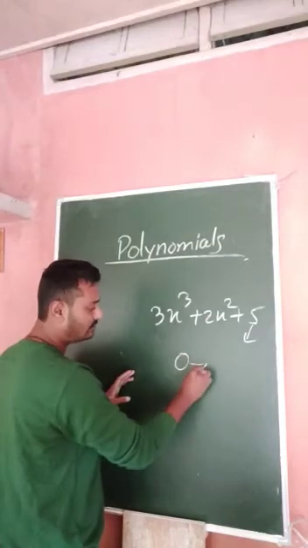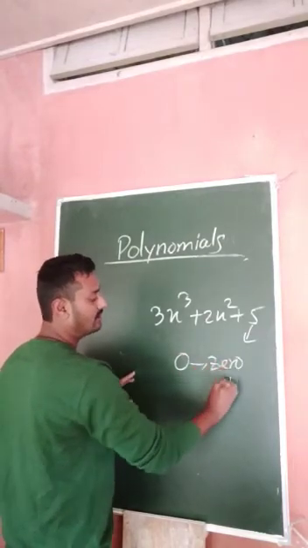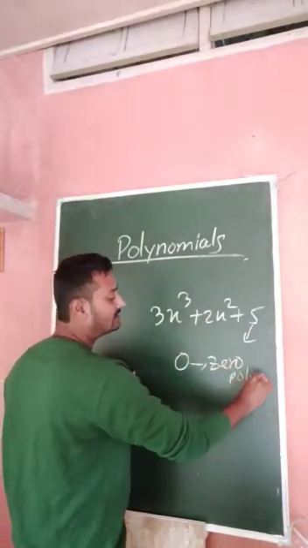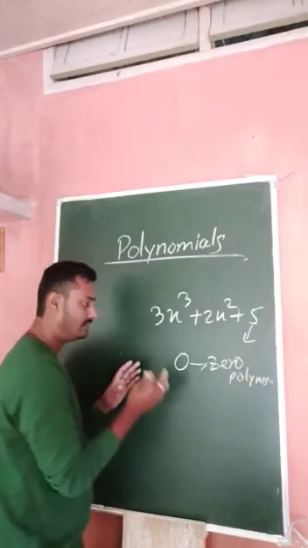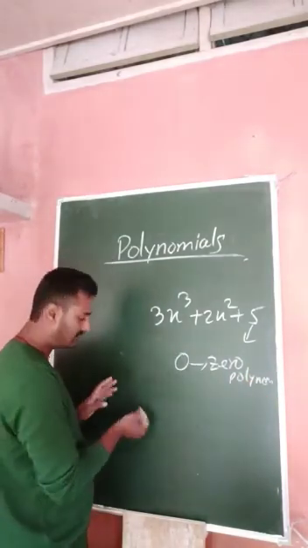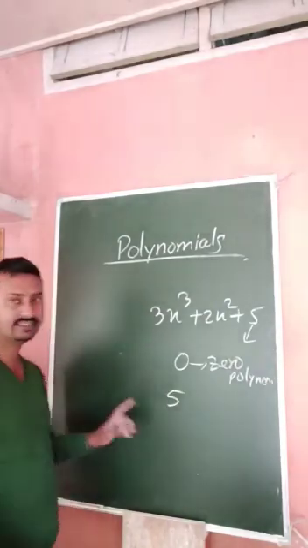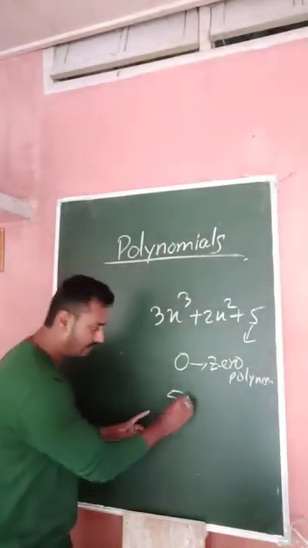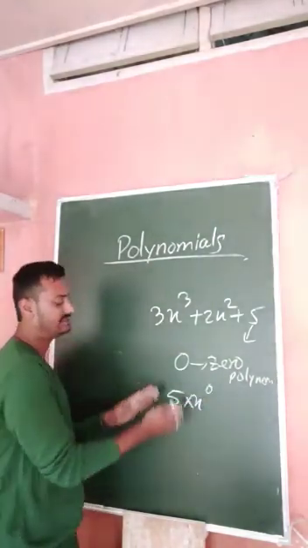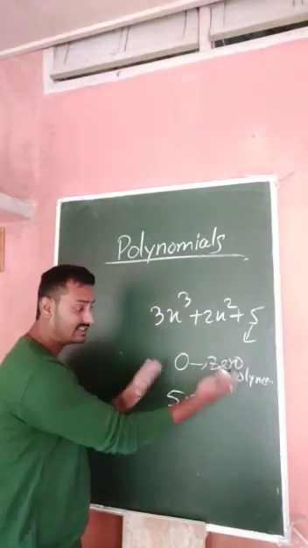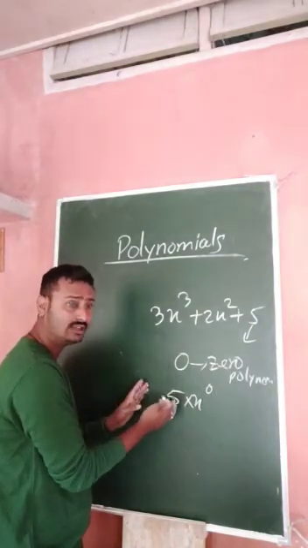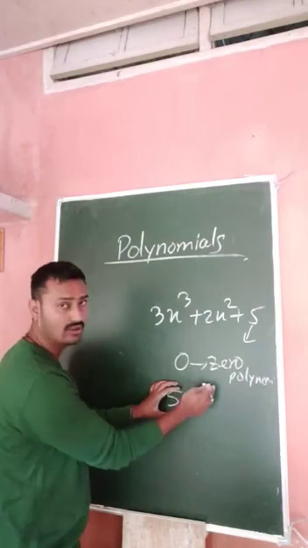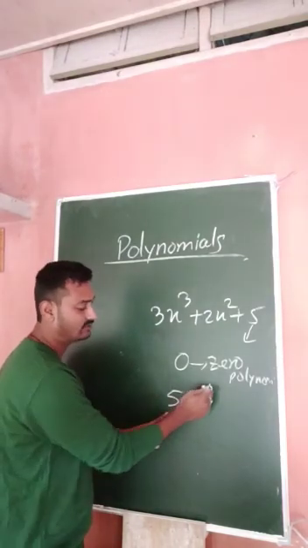If the constant is other than 0, suppose a polynomial is 5, you can write 5 into x to the power 0. That means in the case of a non-zero constant polynomial, the degree of that polynomial must be 0, because this is 5 into x to the power 0.